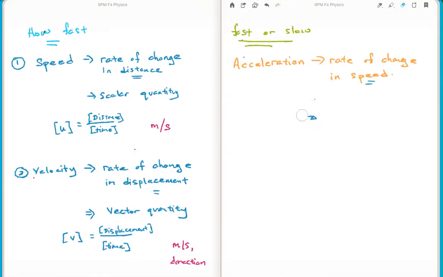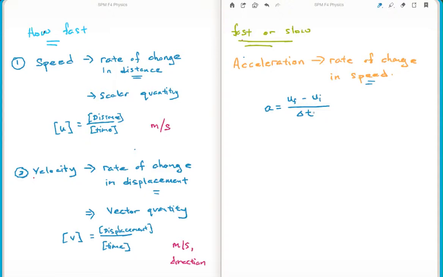I think I'll write it better this way. Since I'm using speed, I will use u: acceleration will be final velocity subtract initial velocity over the change of time between them. I'll talk about what that means later, but for now just make do with the equation.